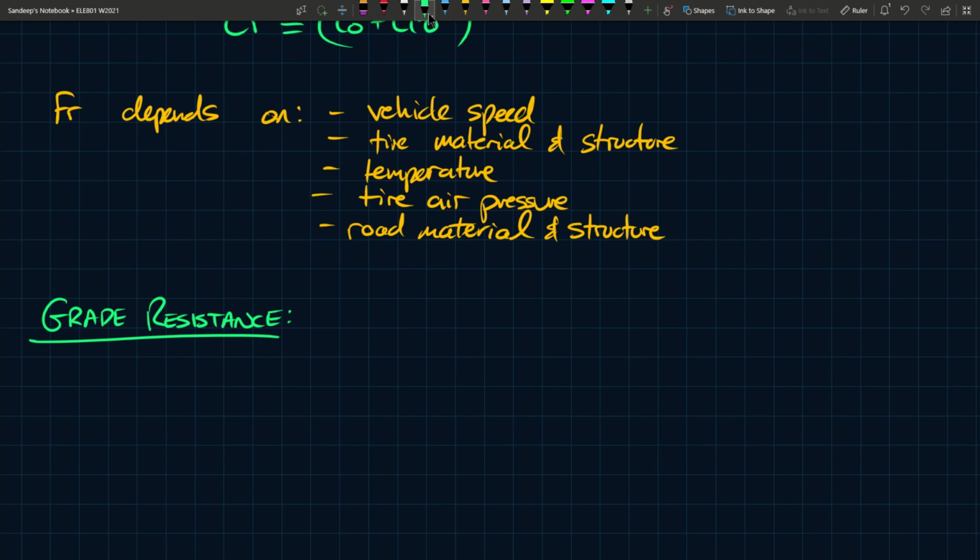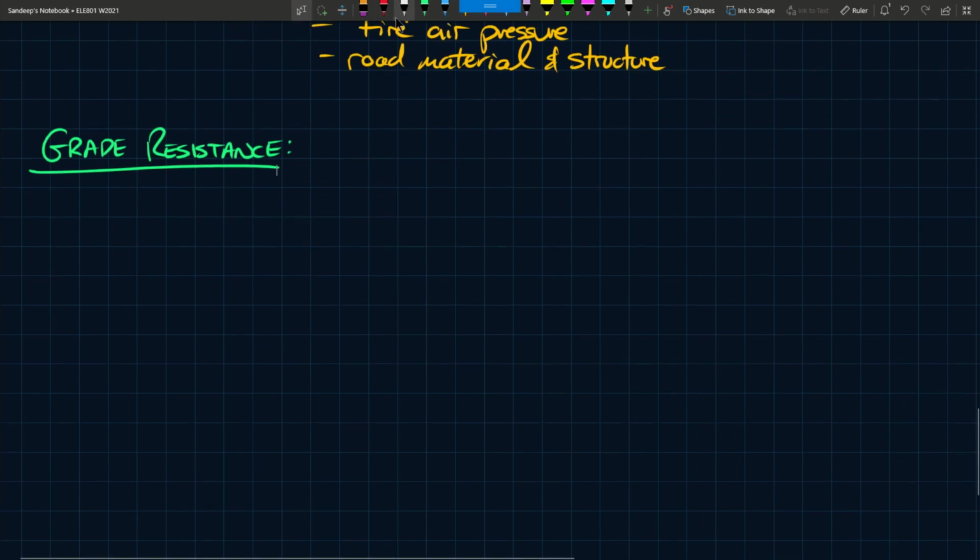Basically, the grade resistance is a result of the fact that if you're going uphill, and let's say this angle is alpha, and this is your box, or whatever you are, let's say you're a vehicle, not a very nice vehicle, but you have some window, you have to take into account the fact that there is a component.